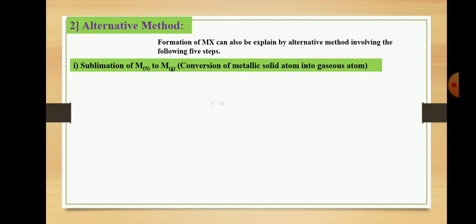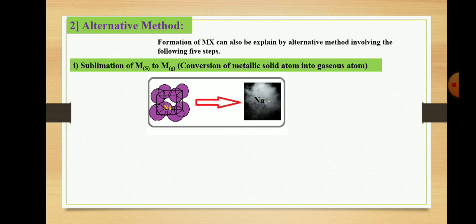So what is the first step, students? We have to sublimize the sodium solid metal into sodium gas. Very simply, we have to just remember that sublimation is nothing but converting a solid into gaseous form. So what do you get when the solid metal is converted into gaseous form?